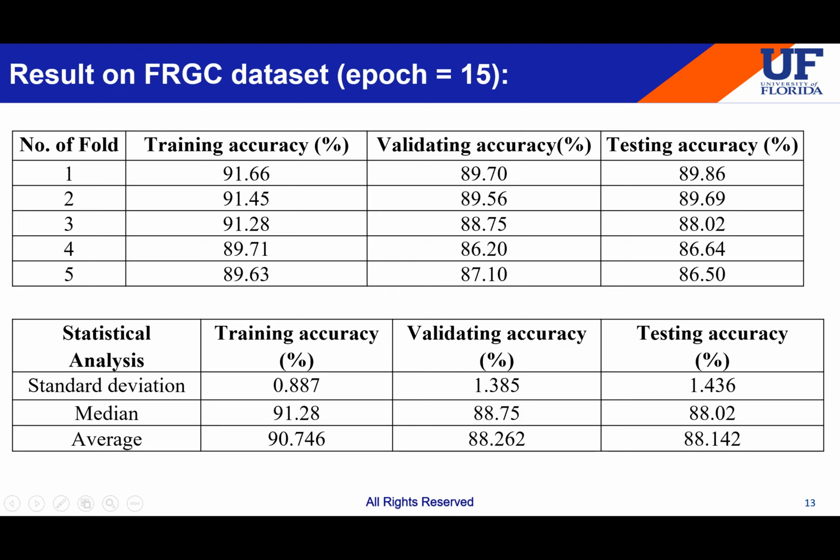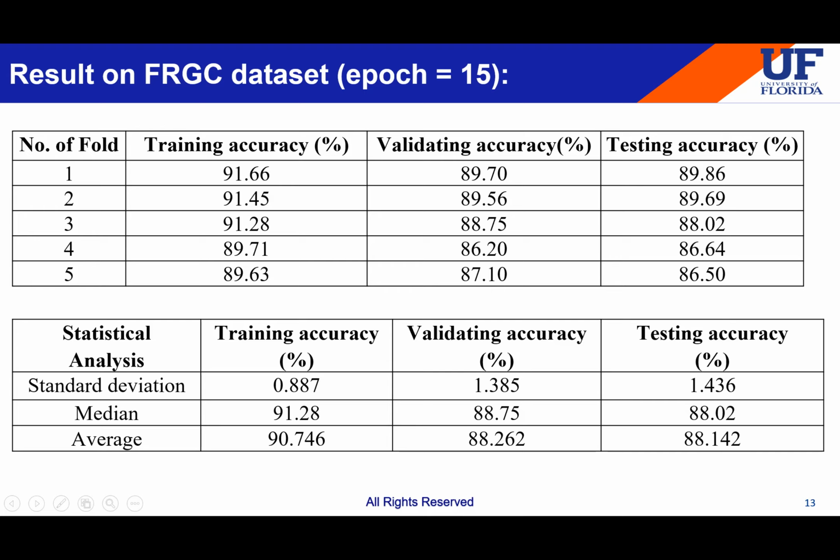And in order to prove that the results are statistically sound and there is very little variance, I took the standard deviation, median, and average. We can see that the standard deviation is near 1. That means there was very little variation. The median value is also very good.